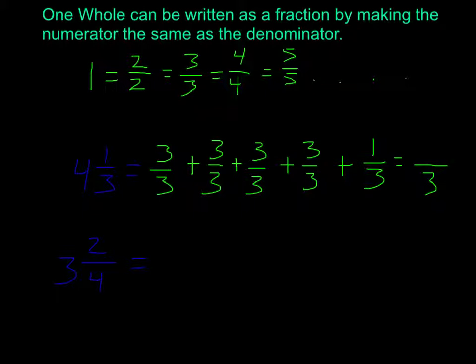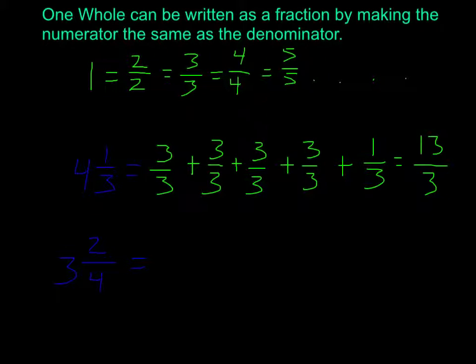So we're going to add our 3's up here. 3 plus 3 is 6, plus 3 is 9, plus 3 is 12, plus 1 is 13. So it's going to give us 13/3 as our fraction that is greater than 1.